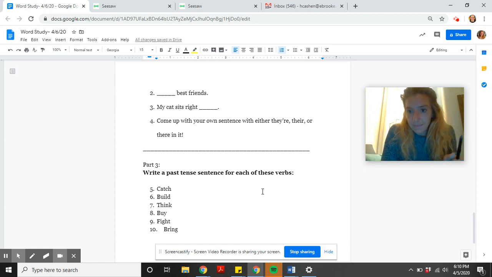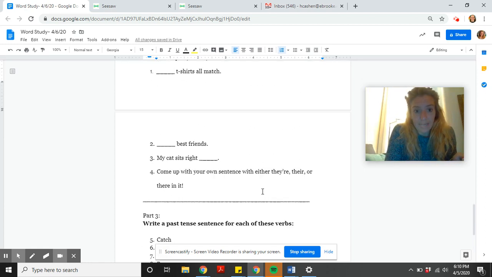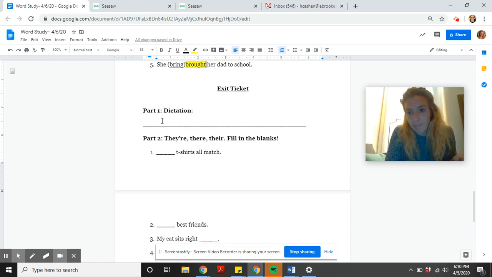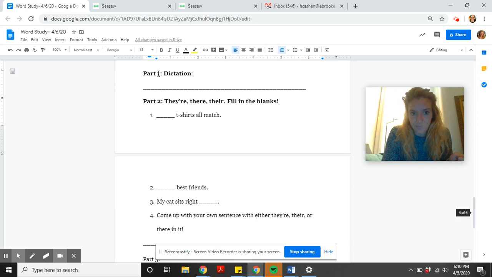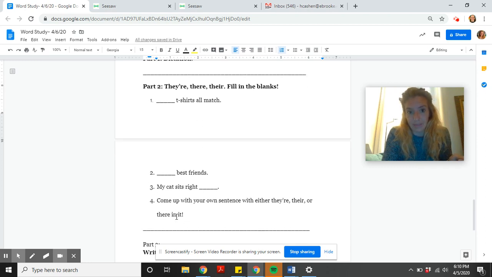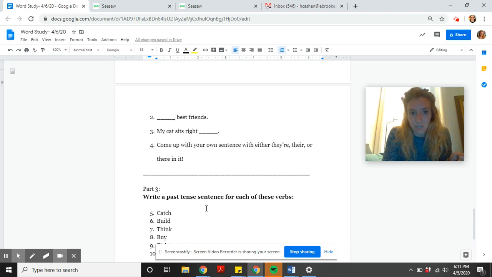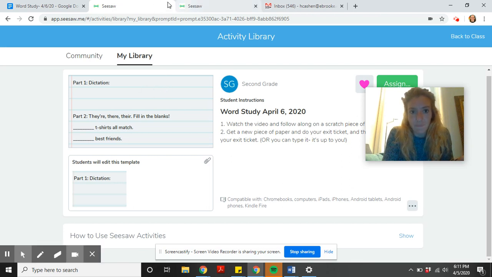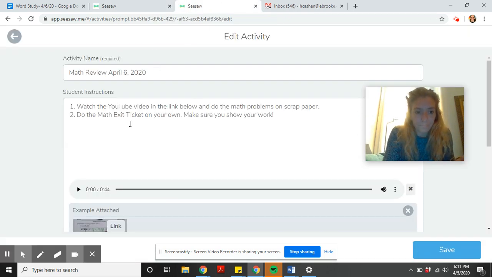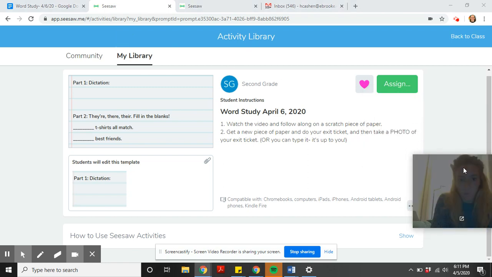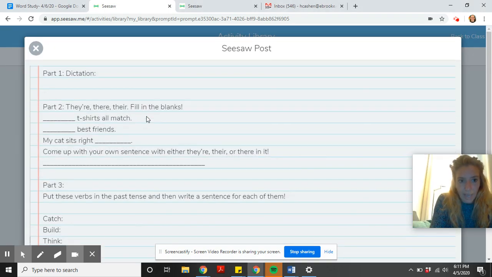Now your exit ticket is in Seesaw, and it's going to look exactly like this. Dictation is at the top, and you're going to fill in the blank for there, their, and they're. And then you're going to write a past tense sentence for each of these verbs. So you can find this on Seesaw by going to your activities, clicking on word study, and then looking right here at this post.